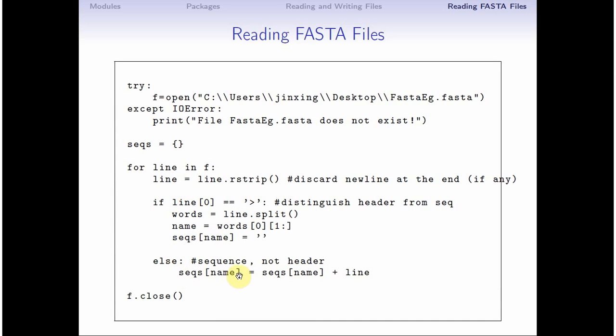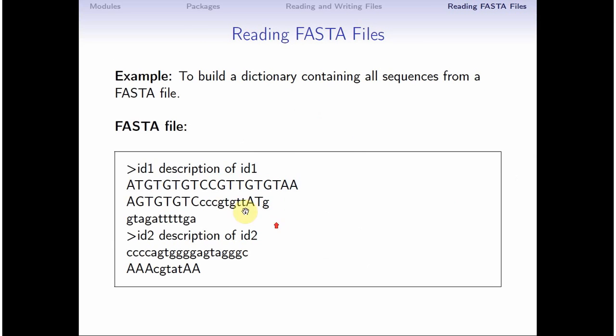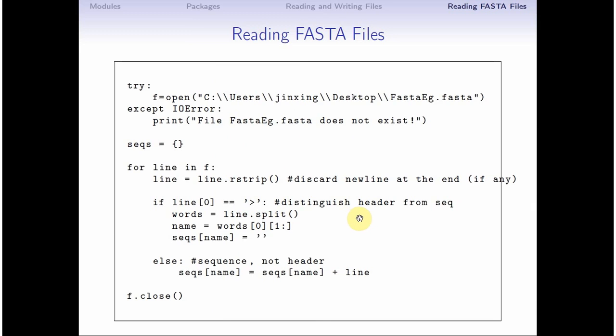You will save this name, and add the value. Remember, this one is the empty value, equals the empty plus line, which is the new line we have. So you repeat, then add this one, and whenever you see this, you will make a name, then add this one into the value. So what will happen? Then after that they close.